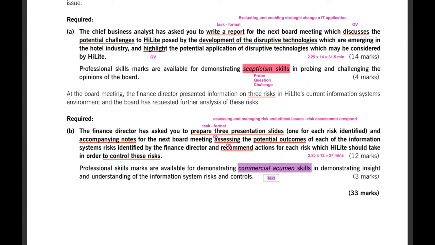Commercial acumen. What is being tested here under commercial acumen?